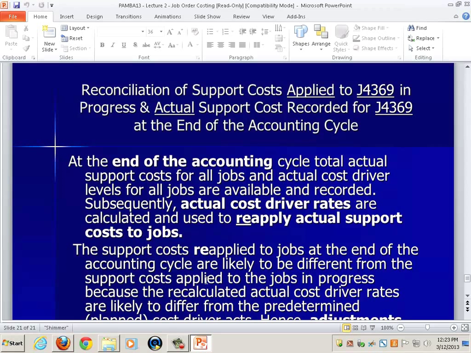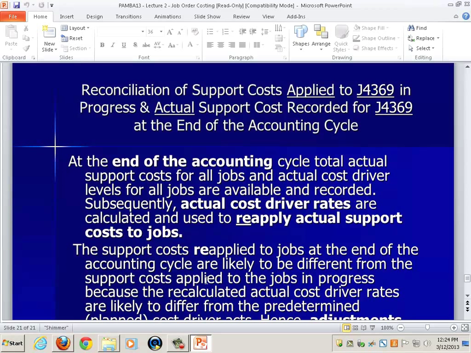And finally, at the end of the period, we apply the actual numbers and we reconcile everything. So that's basically the common way to do job order costing. And the reason we do it this way is for cost management. We want to manage our costs and stay in control as we deliver. So if we run into trouble, say into cost overruns, we want to have time to react before the end of the period.